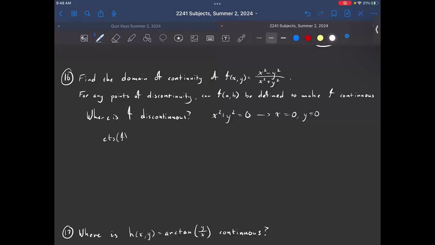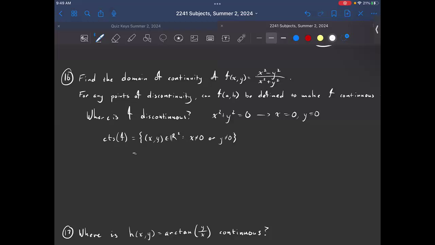Continuous f is equal to the set of all x, y in R2 so that x is not equal to 0 or y is not equal to 0.